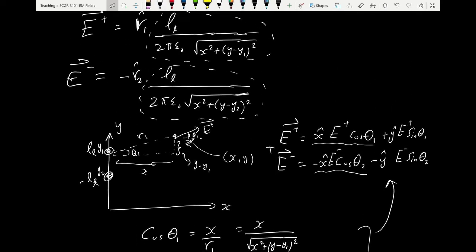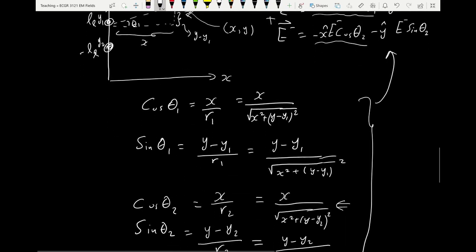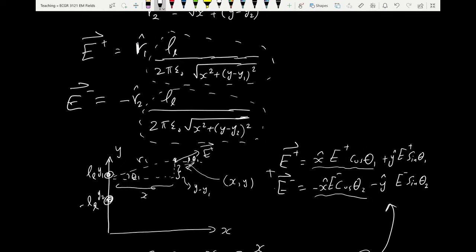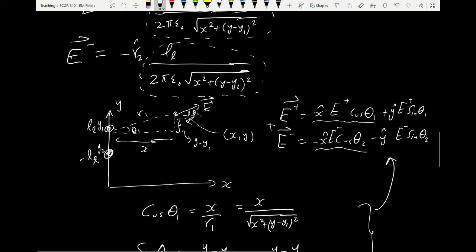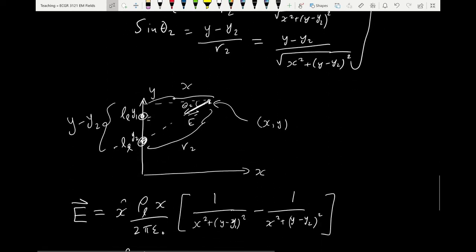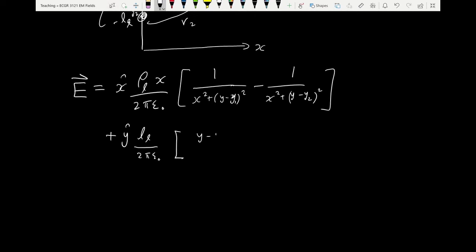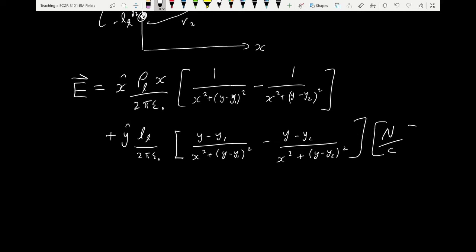So sine theta 1 is this term multiplied by the square root, which cancels, and same thing for the other term. So I end up with y minus y1 over x squared plus y minus y1 squared, minus y minus y2 over x squared plus y minus y2 squared. Newton per coulomb.